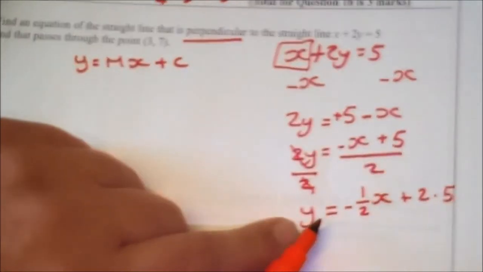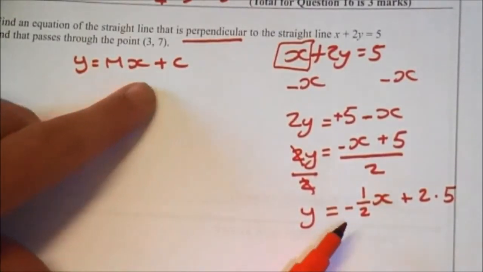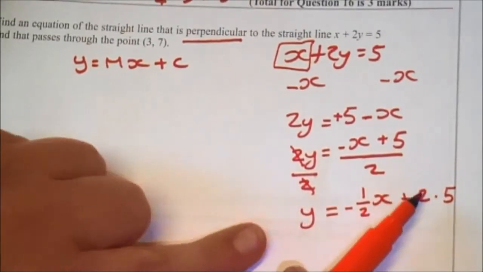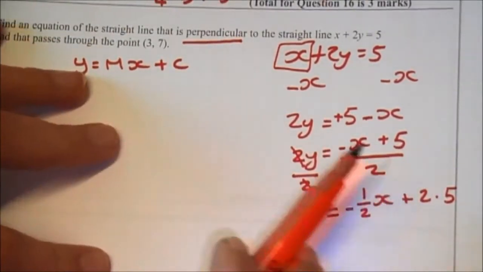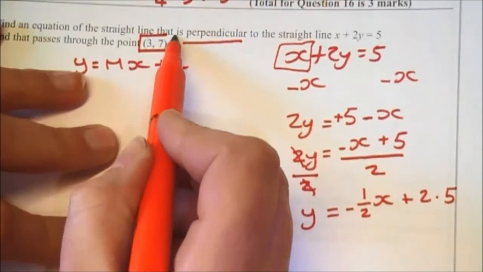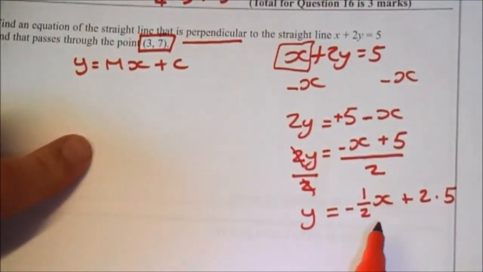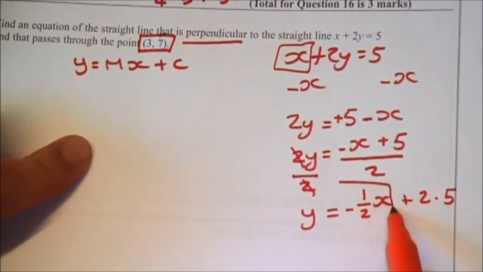So there you go. I have my equation in the form of y equals mx plus c. Now, I'm not particularly interested in the plus c part for the time being. I need to find out what c is equal to when they are the values of x and y. What I am interested in is my gradient here.